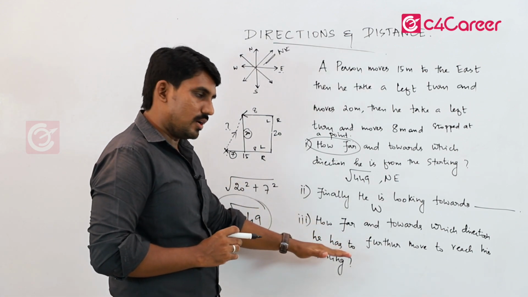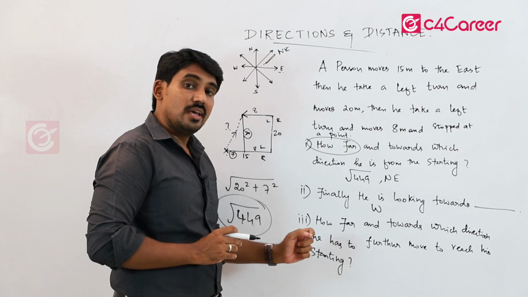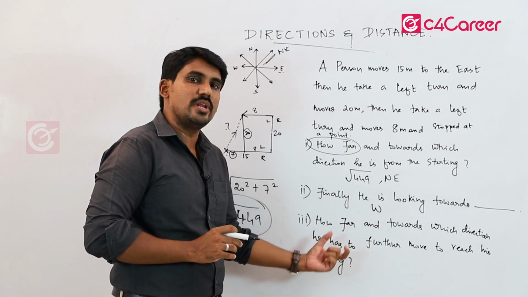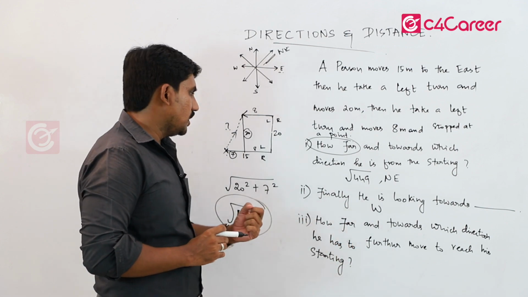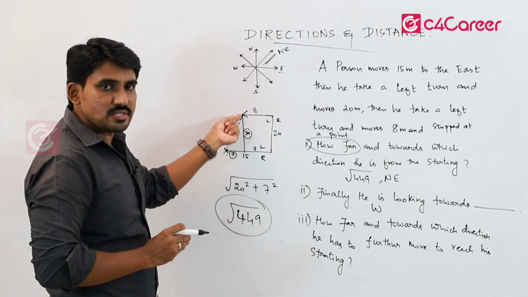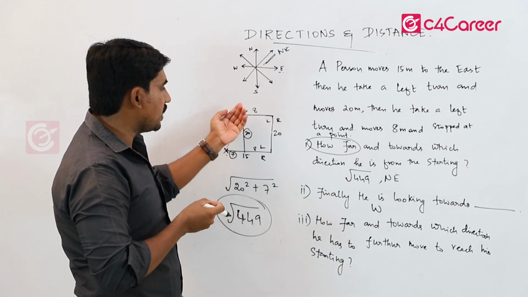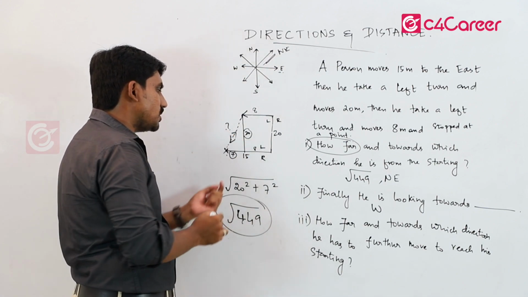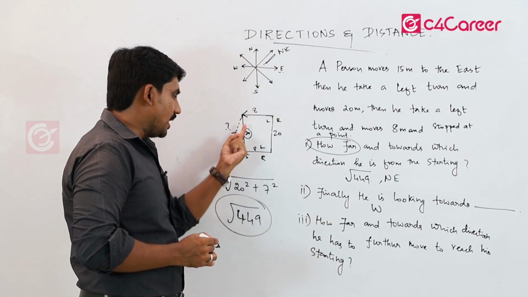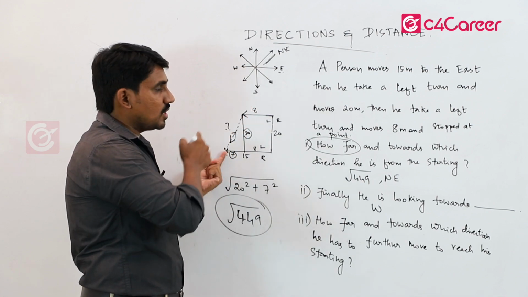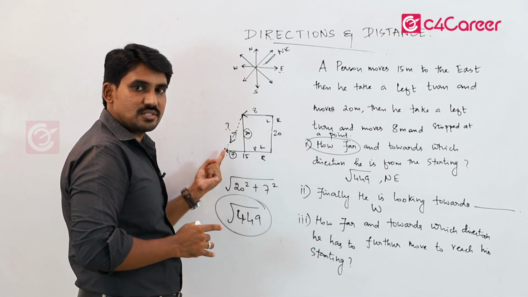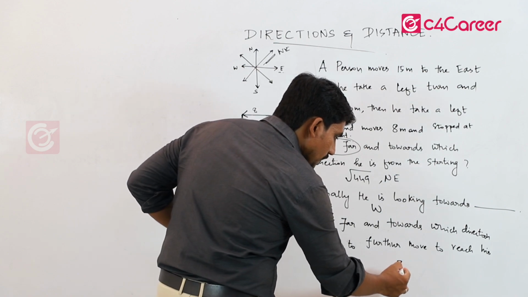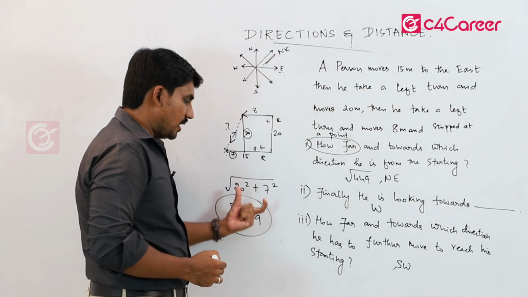Now, how far and towards which direction does he have to further move to reach his starting point? Clear? That means from the ending point, how far and towards which direction does he have to move to reach the starting point? He has to move towards this direction, and this direction is what? Southwest. And what is the distance? We already calculated the distance.